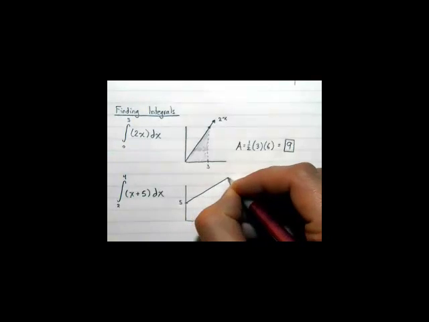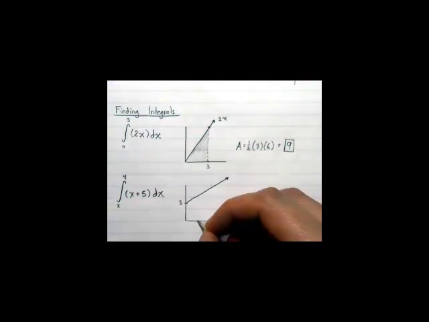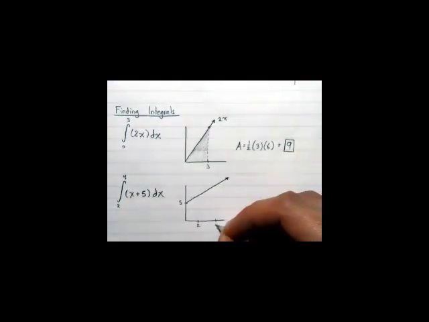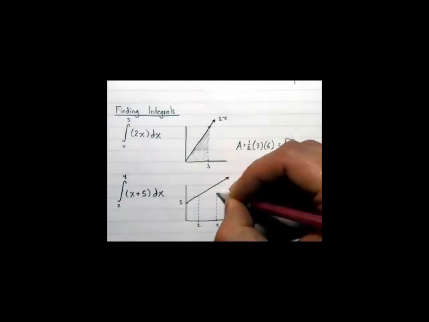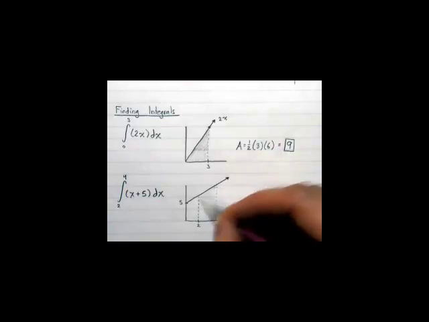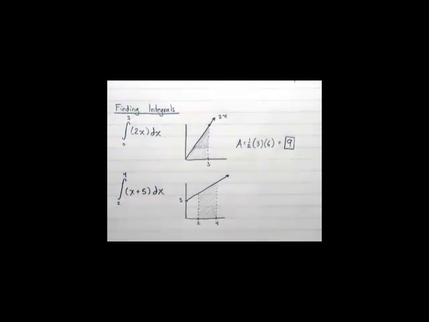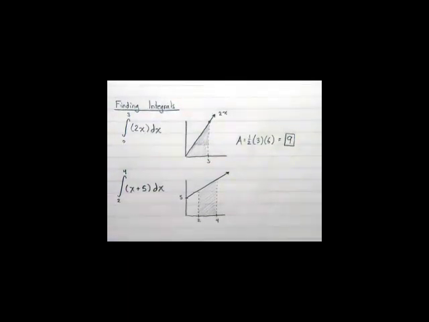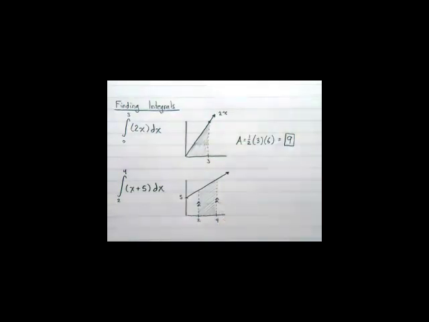It's another line, looks kind of like that, and I want to go 2 to 4. What shape have I just made? I'll give you a hint. It's a quadrilateral with one pair of parallel sides.